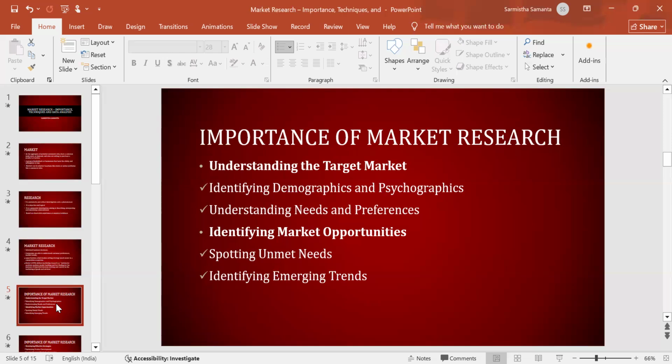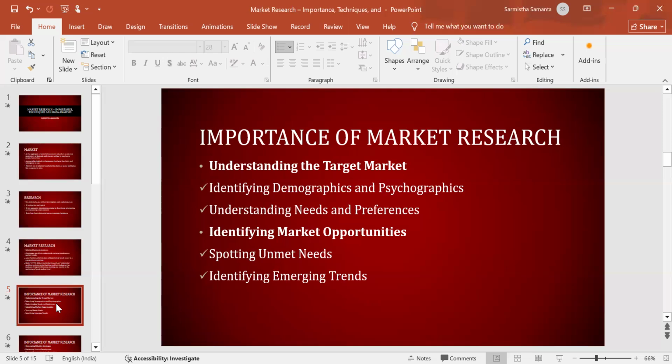Psychographic means the psychological factors of that particular age group. Do they want to purchase something very expensive to show off, or just something low priced or middle range for regular daily use? So we need to identify those demographic and psychographic characteristics of consumers.